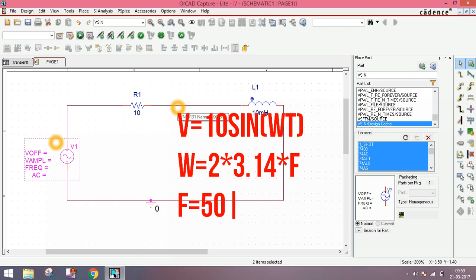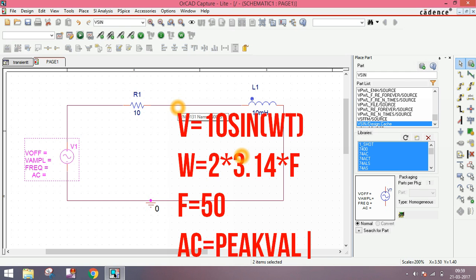Now, we can set V amplitude, frequency, and AC also. AC, what is AC? I already told you. AC value is also called the RMS value, VRMS, that is peak value by root 2.